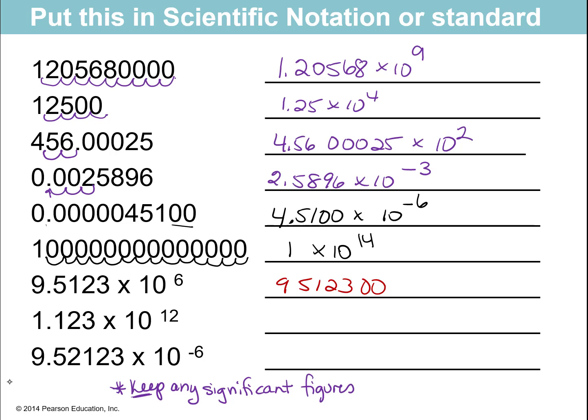1.123 times 10 to the 12th. Decimal place goes to the right. How many zeros? So we end up with 1, 2, 3, 1, 2, 3, 1, 2, 3. So decimal place goes 3, and then 9 more to make the total of 12.